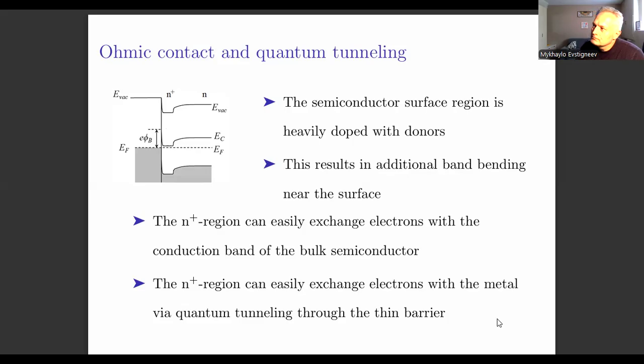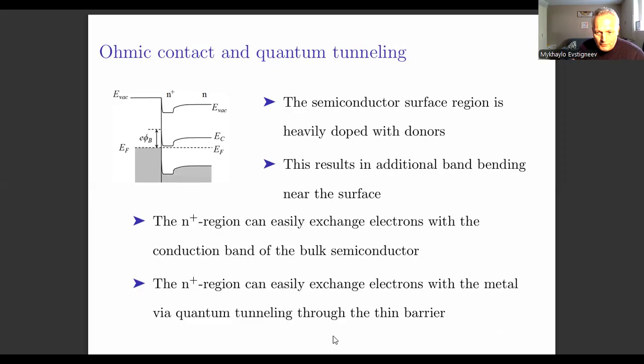But if we take into account the quantum nature of electrons, and notice that the Schottky barrier is, yes, it is high, but it is also very, very, very narrow. Then electrons can easily tunnel through that Schottky barrier.